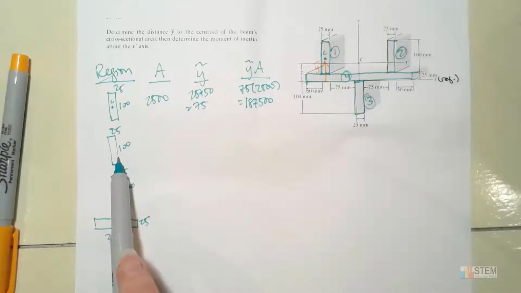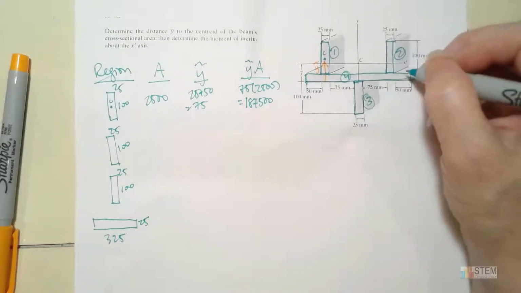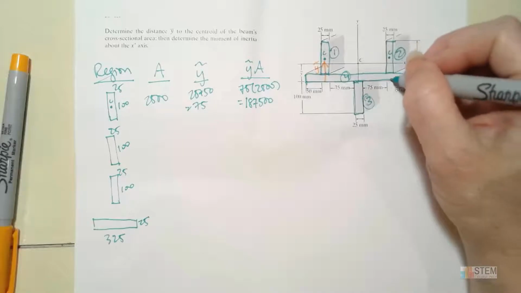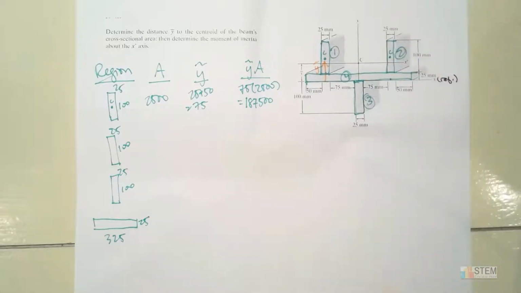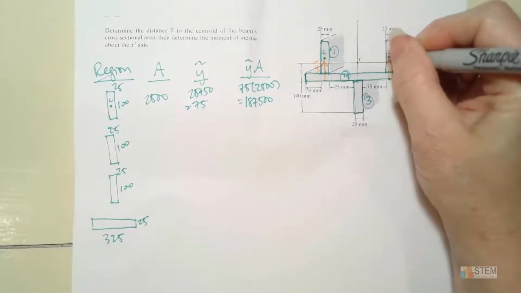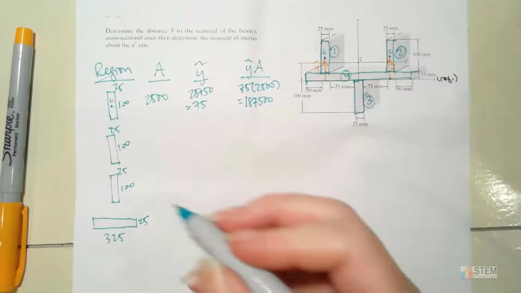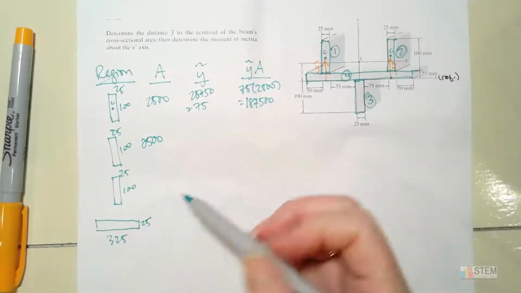So this next one is essentially going to be the same thing because we're just looking for vertical distances. So again, C would be right here in the center. So the y tilde would be from here to here, just like before. So that distance is going to be the same there. All right, so we're going to have 2,500 for the area from 25 times 100.